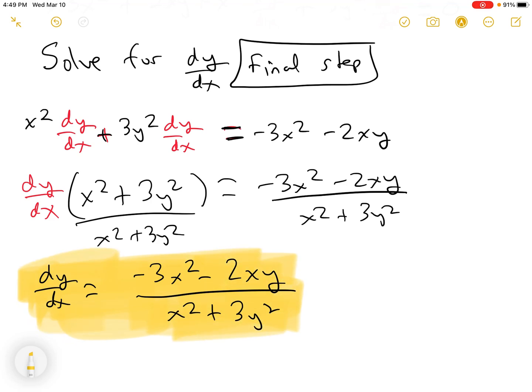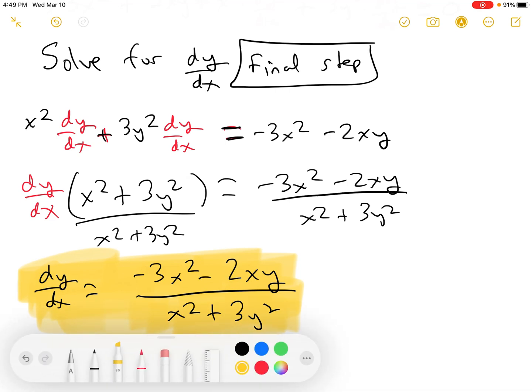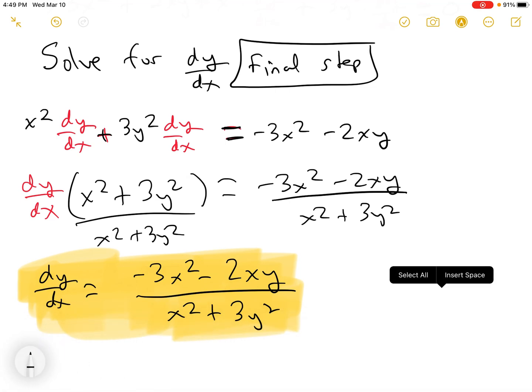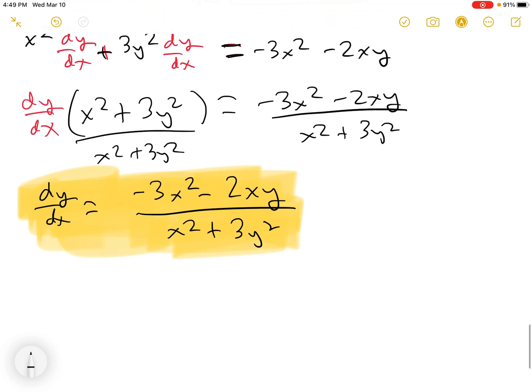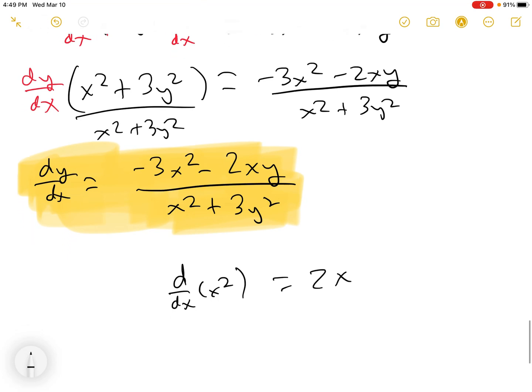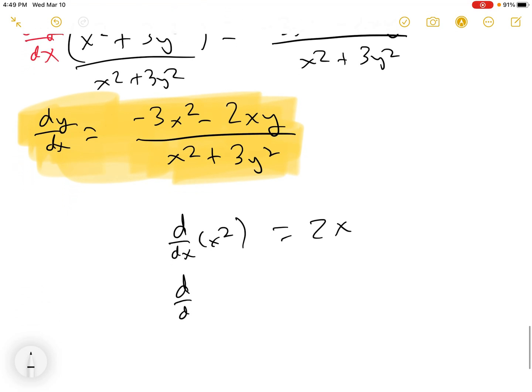All right, so all the other rules still apply. But every time you get to, think of d/dx as an operator. Every time it sees something with respect to x, it just attacks it, right?